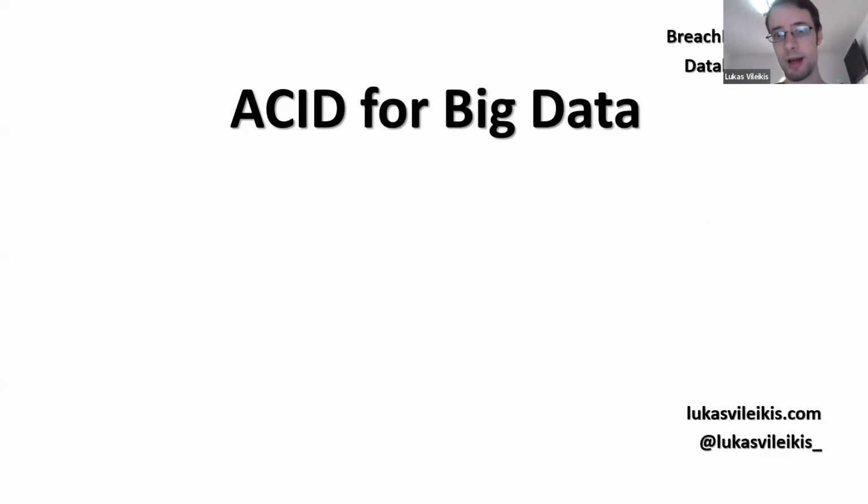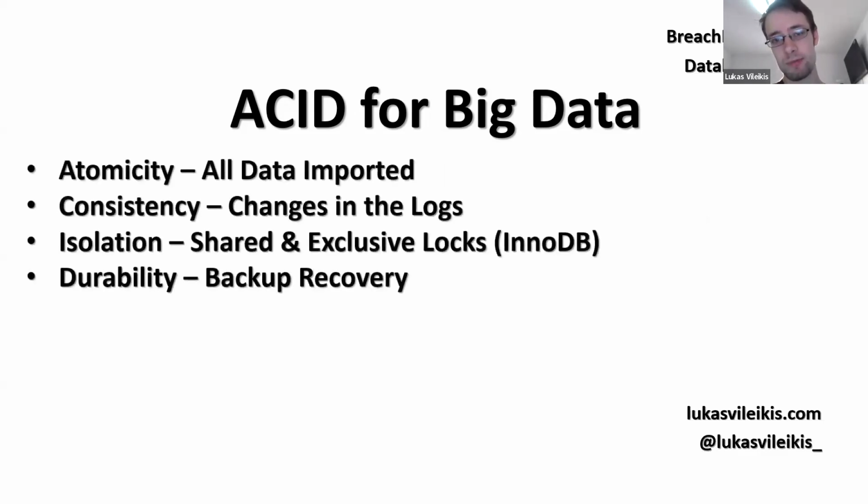All right, so after you understand that, it's time to understand how everything works with big data concepts. Atomicity probably means that all of your data will get imported and nothing will get lost. Consistency will mean that all changes you make to the database will be recorded in the log files.